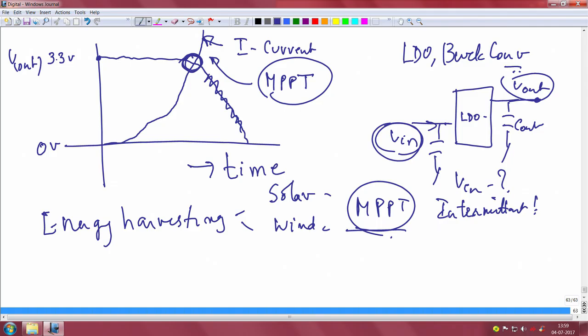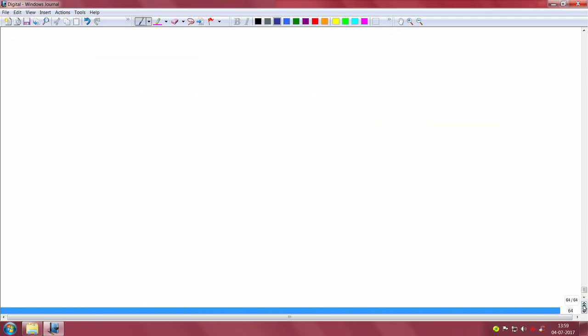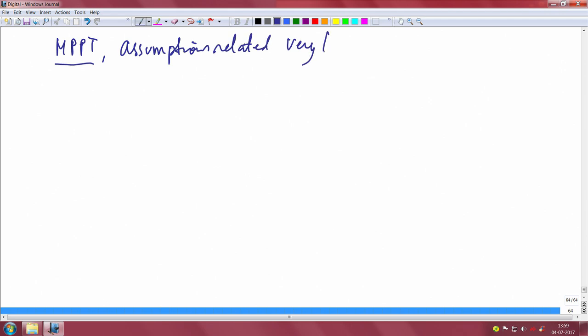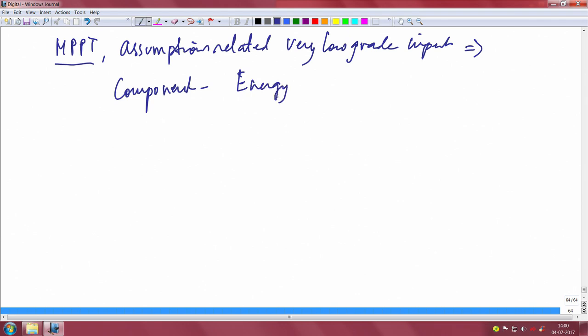So, unless there is sufficient logic in silicon which makes things smart, with algorithms such as maximum power point tracking, and assumptions related to very low grade input, all of this will have to be made in order to bring out a component which is suitable for energy harvesting.